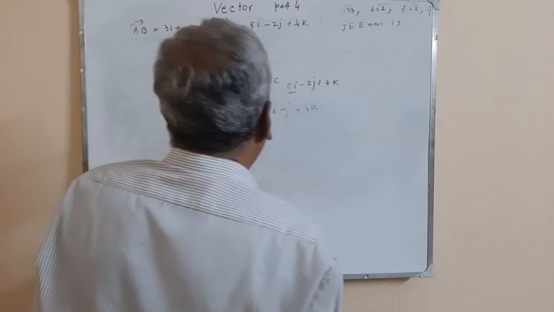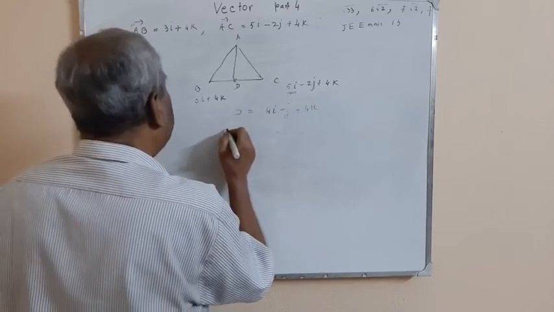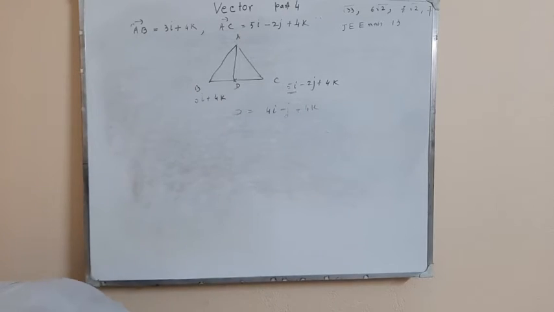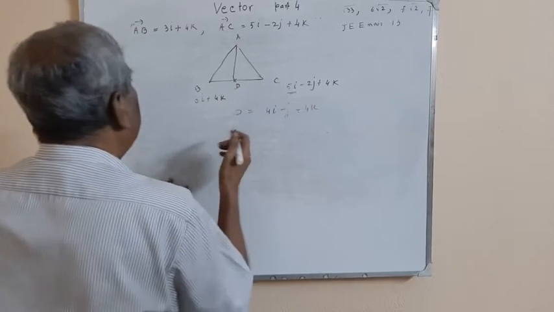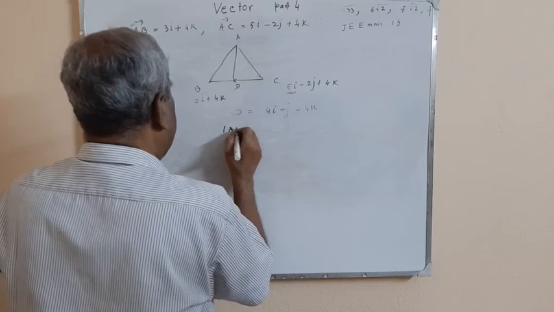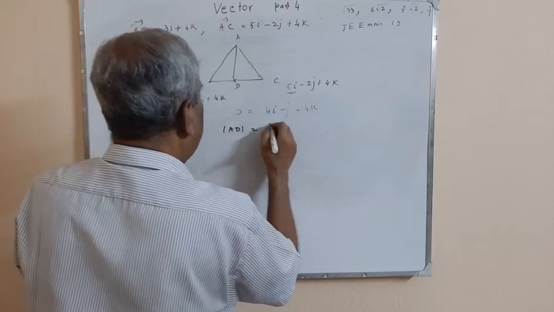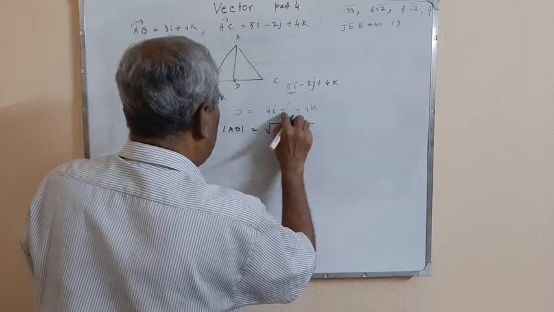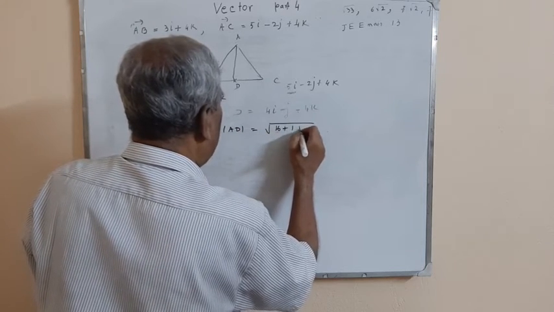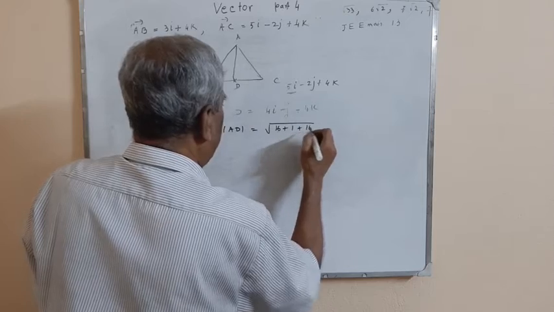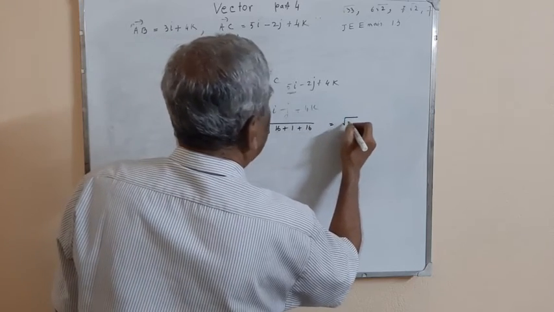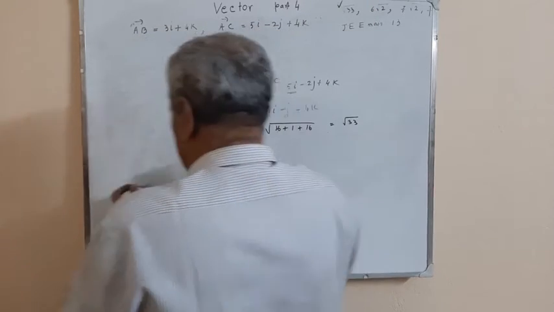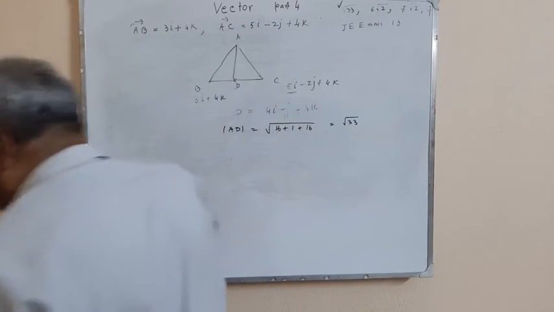So magnitude AD is equal to root over of 4 square, that is 16, plus minus 1 whole square, 1, plus 4 square, 16. So root 33 is the answer, and this is the correct option.